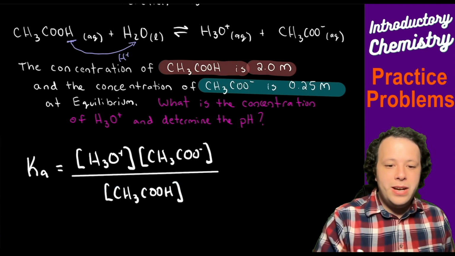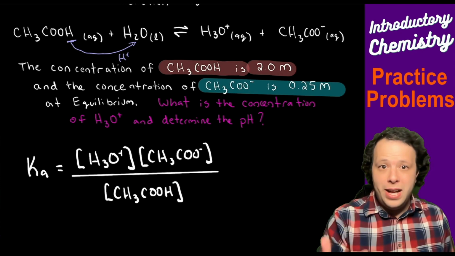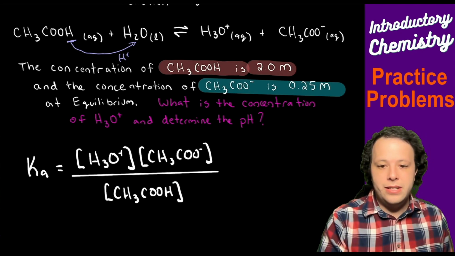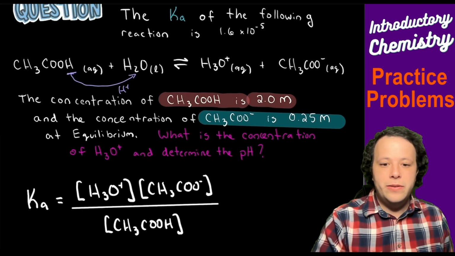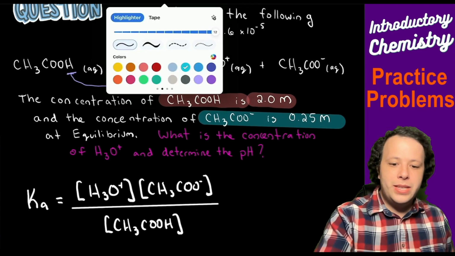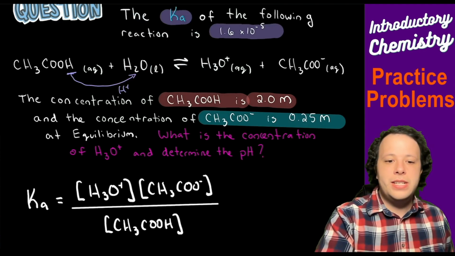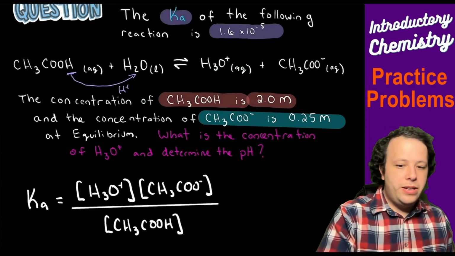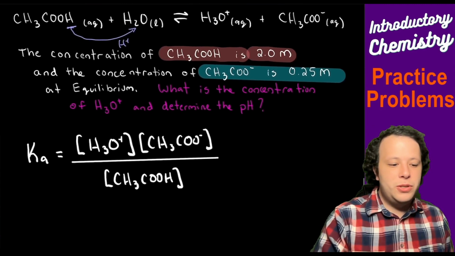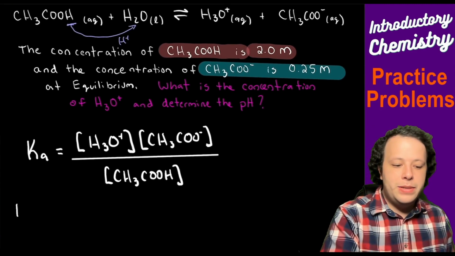Now, from that, we were given a lot of different values that we can plug into this. The first one from above was the Ka constant for this formula. So we can plug that in. Ka was 1.6 times 10 to the negative fifth.